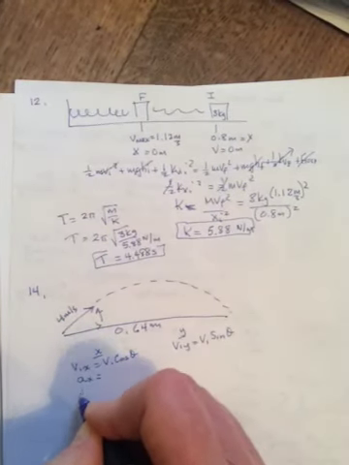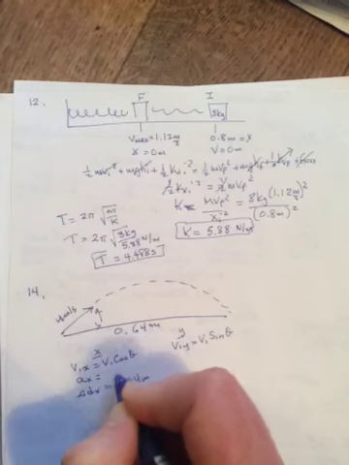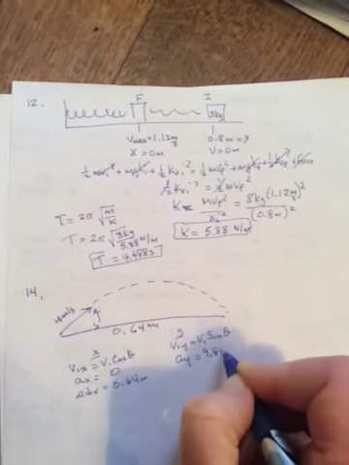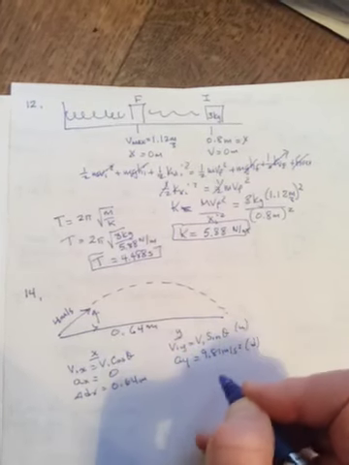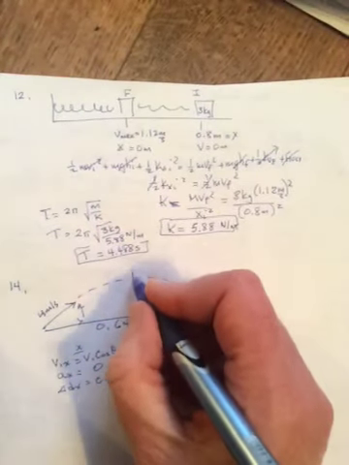AX is 0. Delta dx is 0.64 of a meter. AY is 9.81 meters per second squared. It's going to be down. This is going to be up. Okay, and we use that little trick of the half time, right?